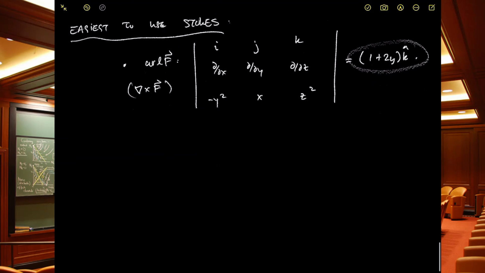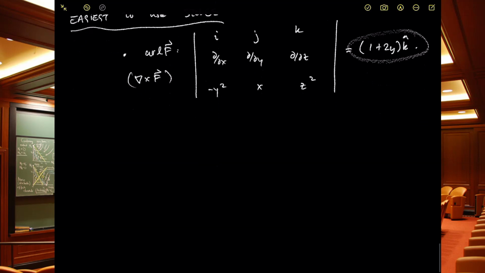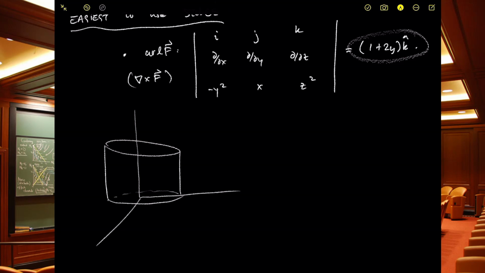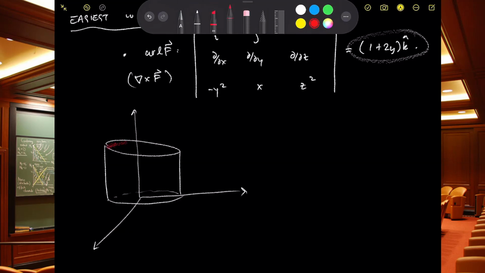Right. So let's go ahead and sketch out what this surface is. What's really happening here is we've got a cylinder that's intersecting with this plane. So here's the plane y plus z equals 2.